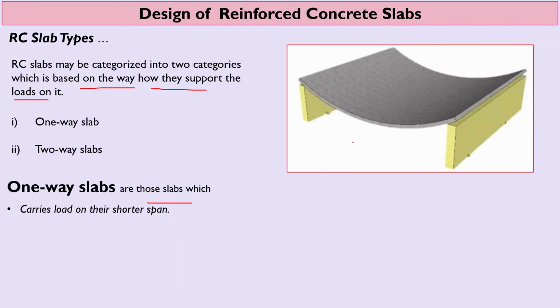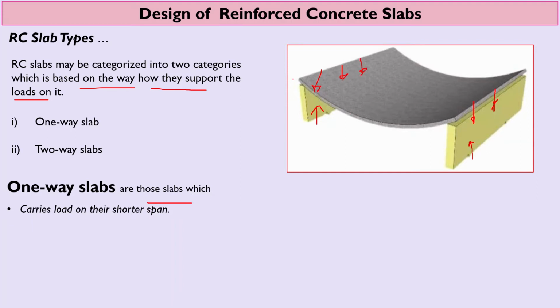Now you can see from this diagram, there is one support and another support, just like two brick walls. When the slab is placed on these supports, you will see that it takes a bending shape like this. So whatever the load, it will be transferred along the shorter span, and from this side it will be transferred on the shorter span.